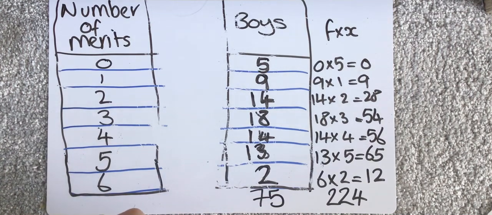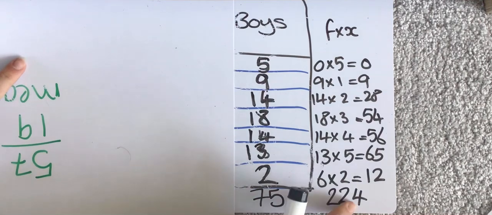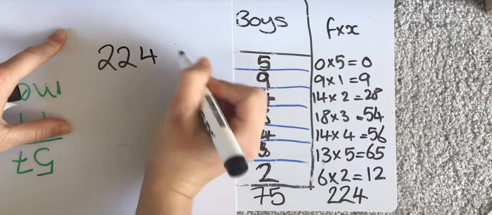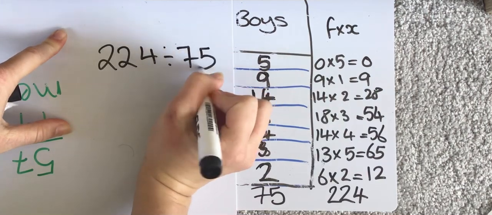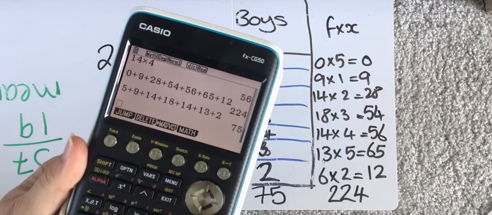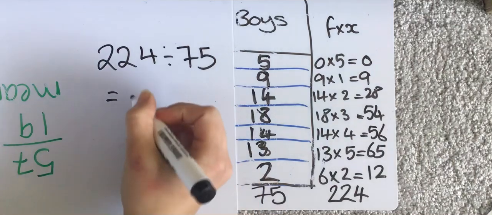Now to find my mean, I just need to divide these two things. So I'm going to do 224 divided by 75. Okay, and when I do this, I get 2.986.